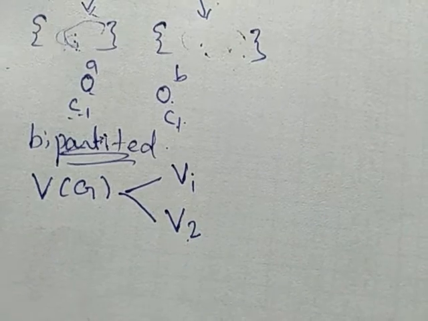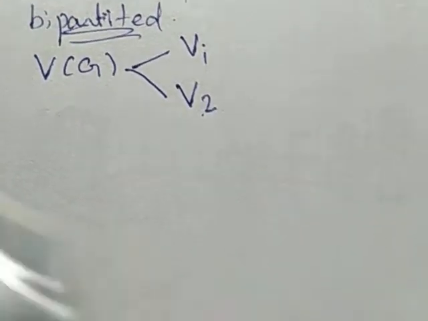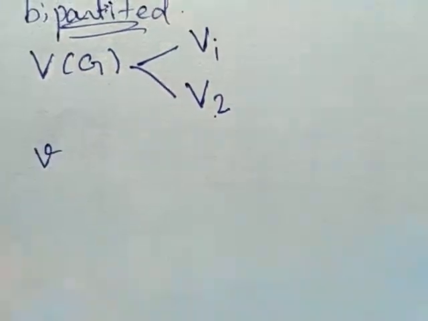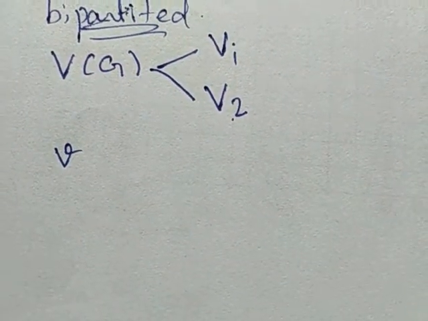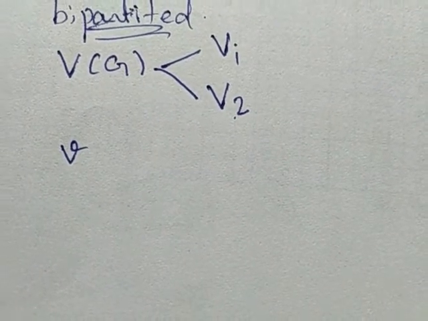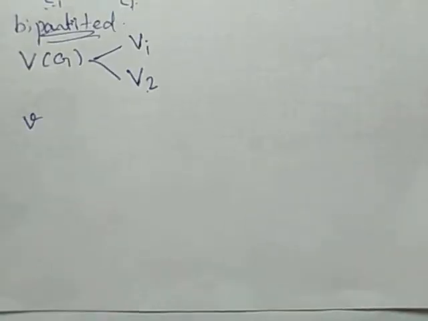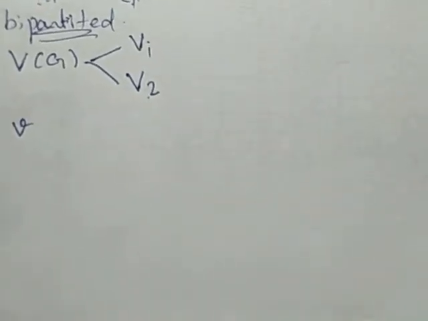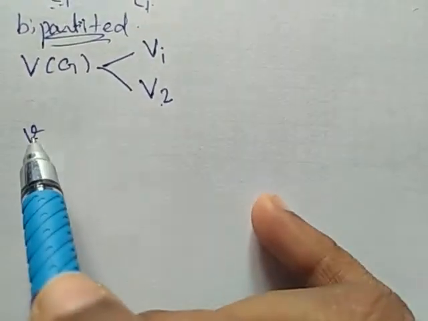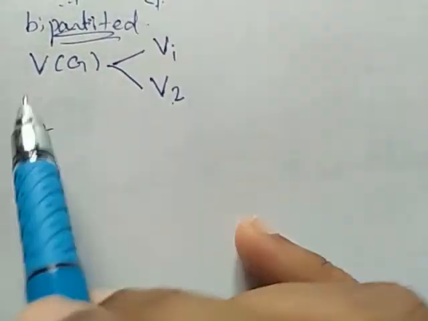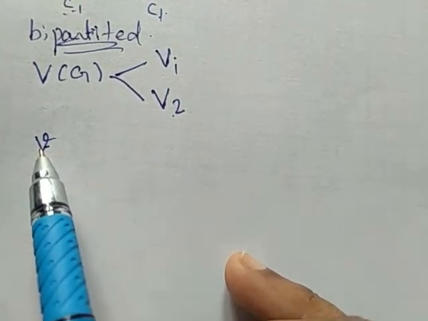Suppose G contains a cycle. So if it has a cycle, I'll consider a vertex V in a cycle. So let V be a vertex of the cycle. As we saw previously in the last theorem also, same here, we are considering a cycle and we are identifying a vertex V in a cycle.